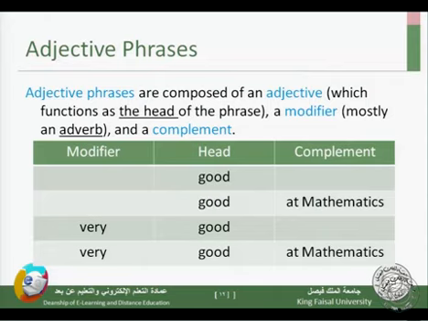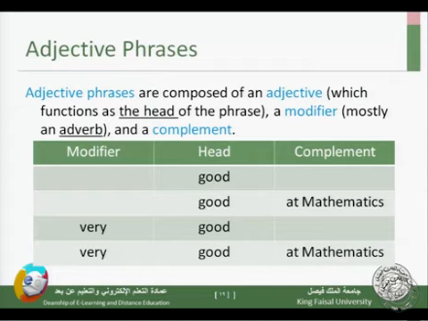So we can have only the adjective in the adjective phrase, like in the first example in this table, good. It is the only adjective or the only word in this phrase. It is the head, and we call it an adjective phrase even though it is one word. We said phrases refer to a group of words, but we can use it as a way to simplify things.